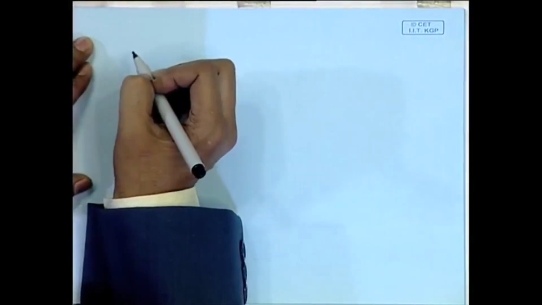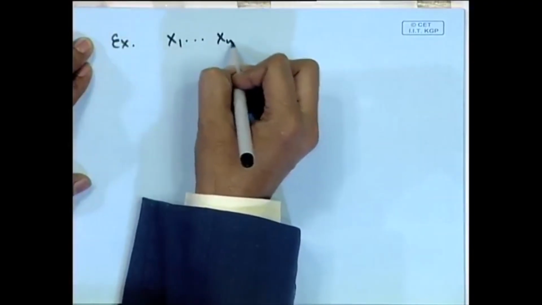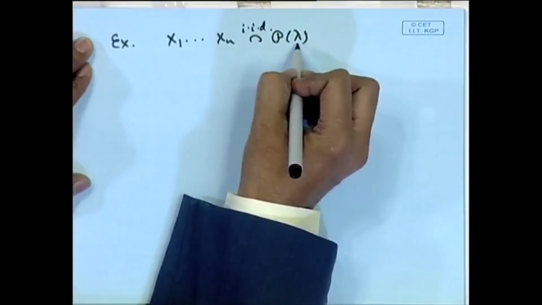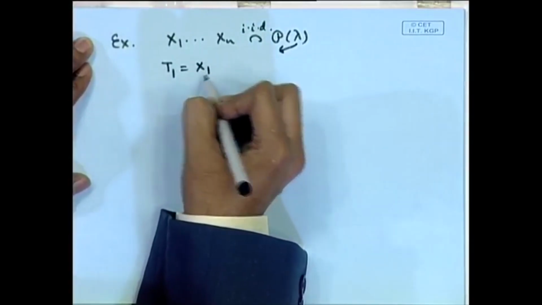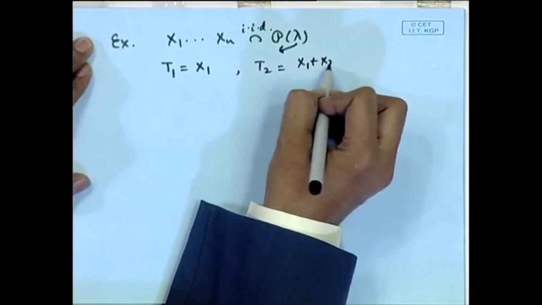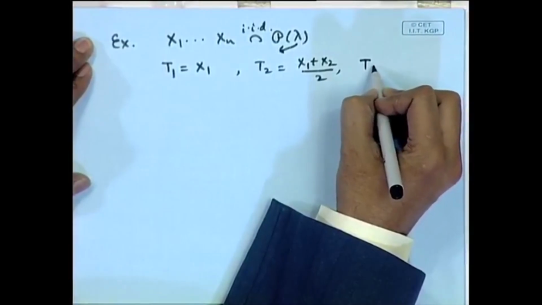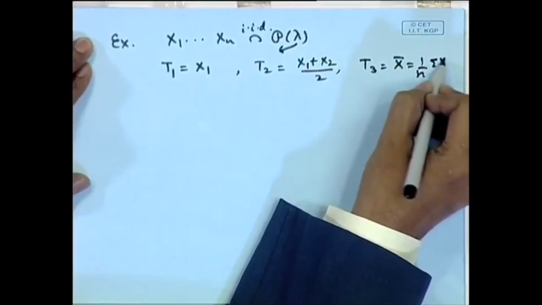As a simple example, let us consider the exercise considered yesterday. Suppose I have X1, X2, ..., Xn following a Poisson(lambda) distribution, and I am considering estimation of lambda. Let me write estimator T1 as X1, which is unbiased. Let me write estimator T2 as (X1 plus X2) by 2. Let me write estimator T3 as X bar, which is the mean of all the observations.